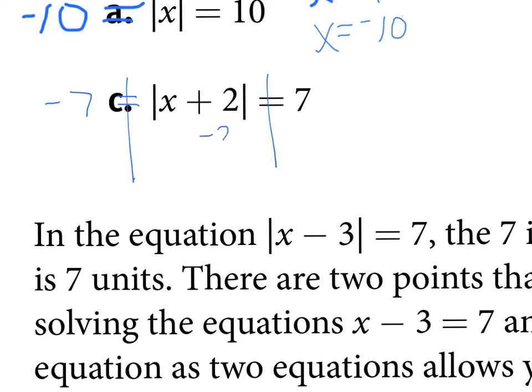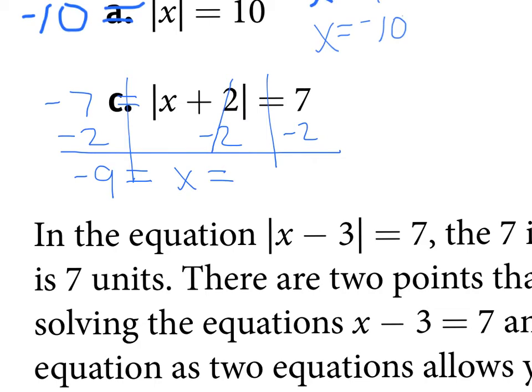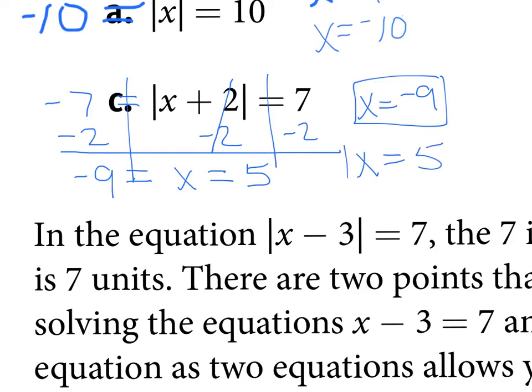First step is to subtract 2 from all sides. The 2's in the middle will cancel. Negative 7 minus 2 is negative 9, equals x, equals 7 minus 2 is 5. So you have a solution of x equals negative 9 and x equals 5. That's it.